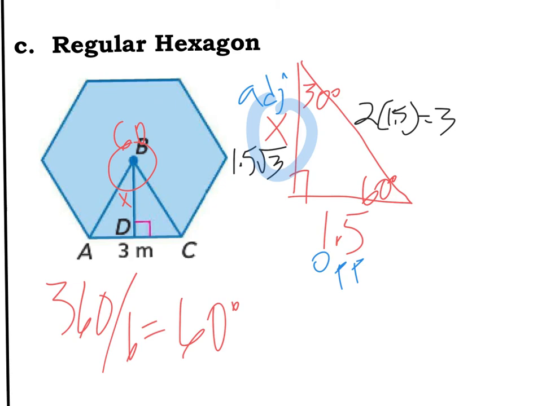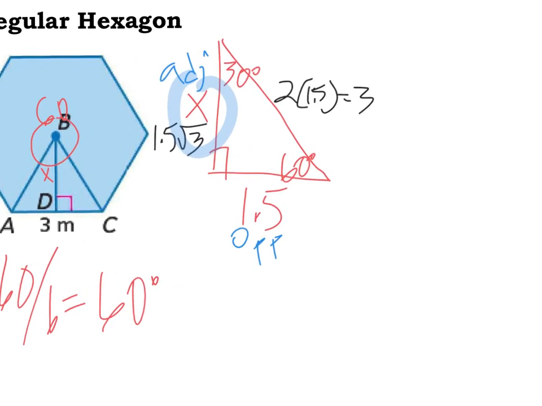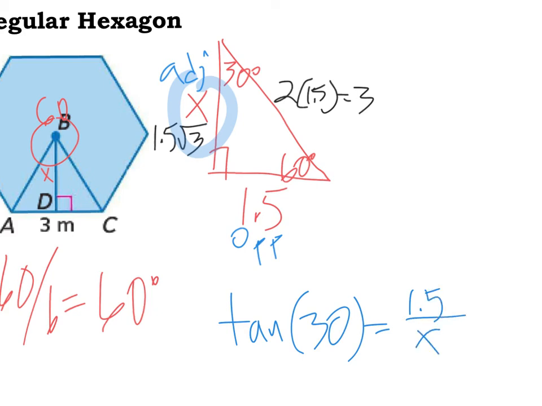So what uses the opposite and adjacent sides? That's tangent. So what you'll do is you'll take tangent of 30 degrees, and you'll set that equal to your opposite, 1.5, over adjacent, which is just x.